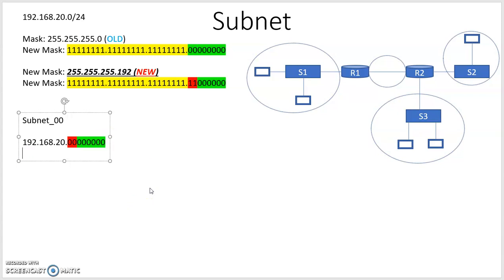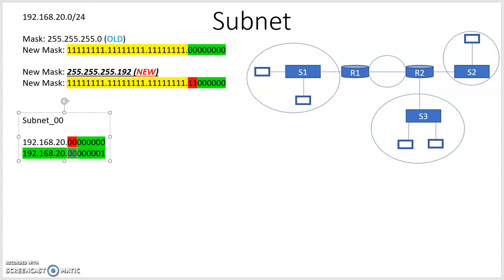So keeping that in mind, let me remove the highlight. No color. So the next IP address, 192.168.20.00, then 1, 2, 3, 4, 5, and 6.